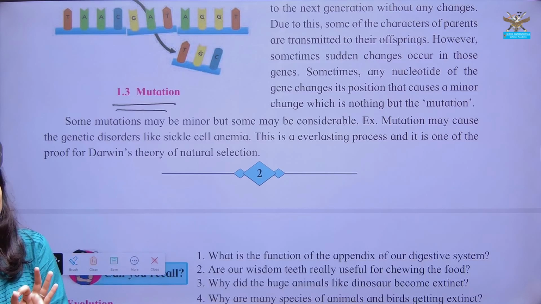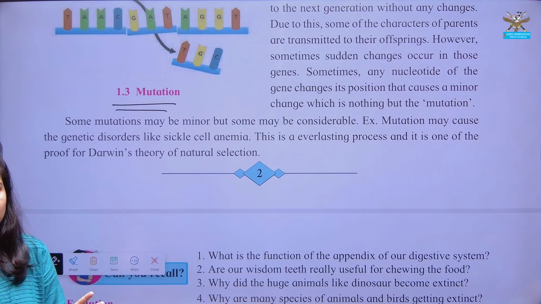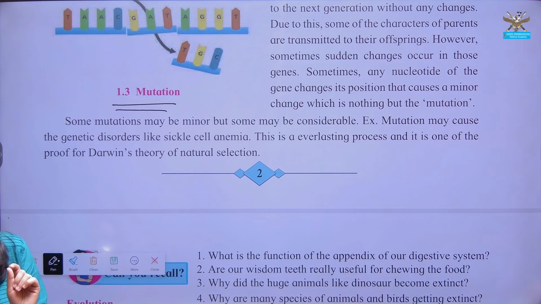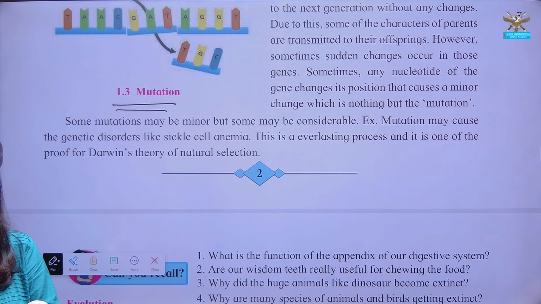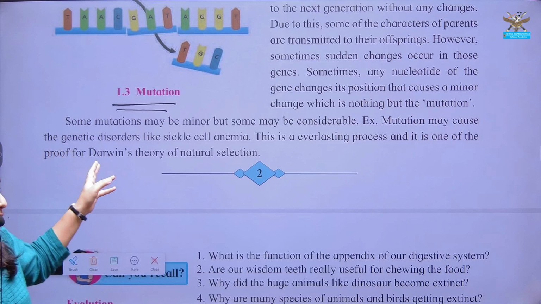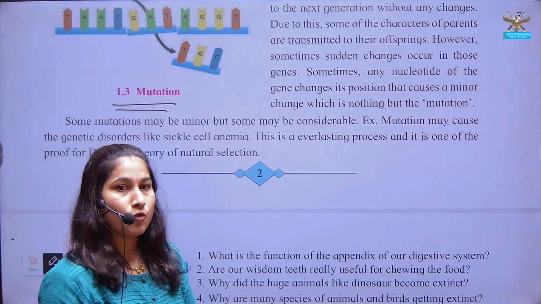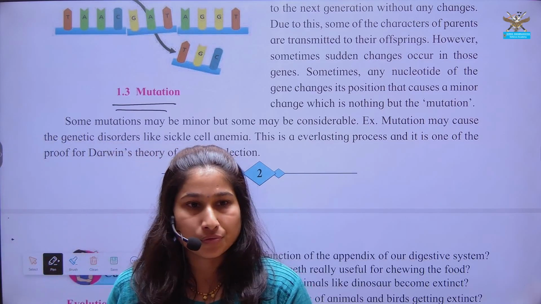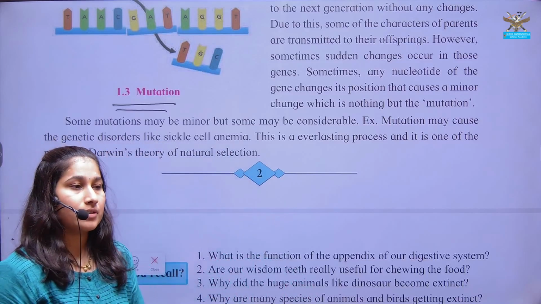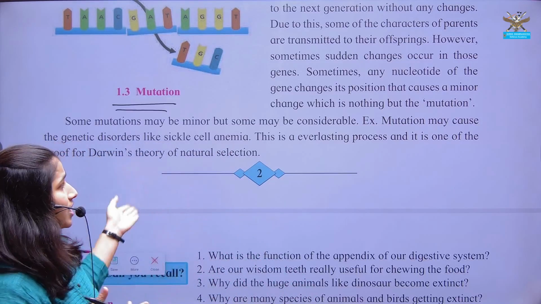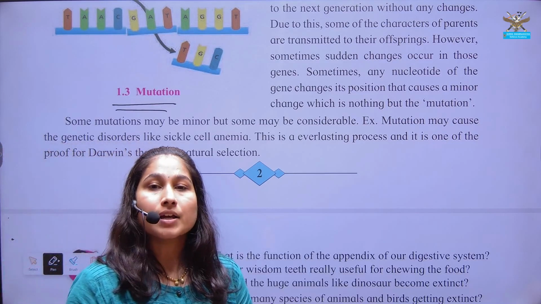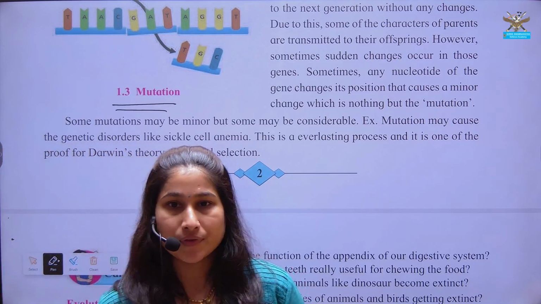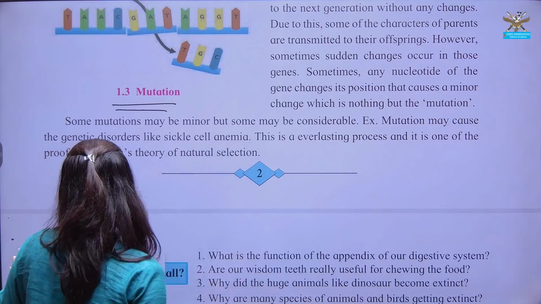Mutation is a sudden change in your genes. It may be because of environment or it may be because of any other factor such as chemical or environmental factor. Okay, and these mutations are responsible for your evolution too, because whenever evolution happened, mutation played an important role. Because of this mutation, new organisms, new individuals with new characters emerged.